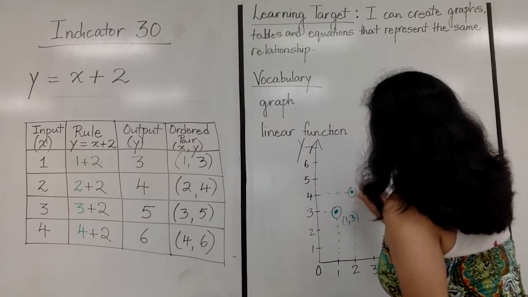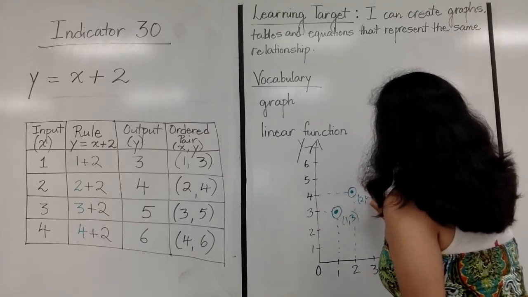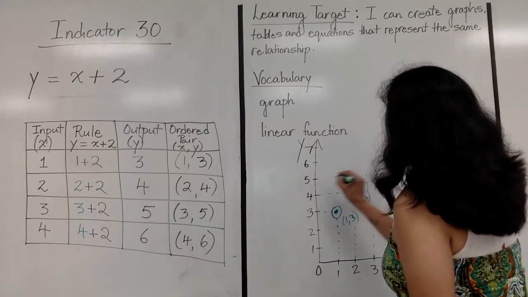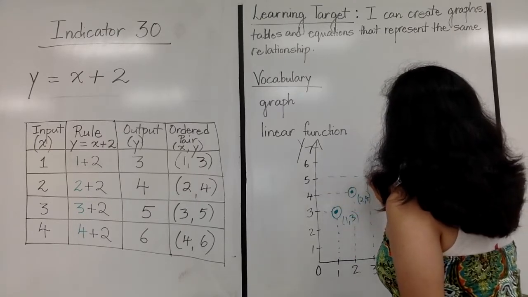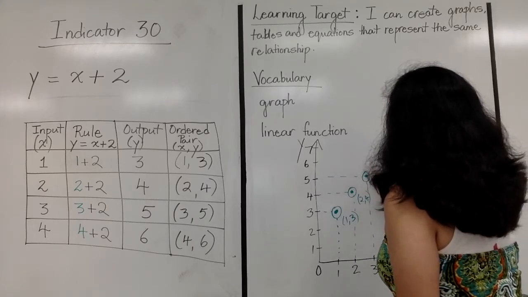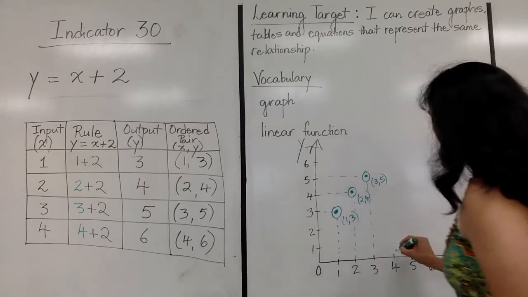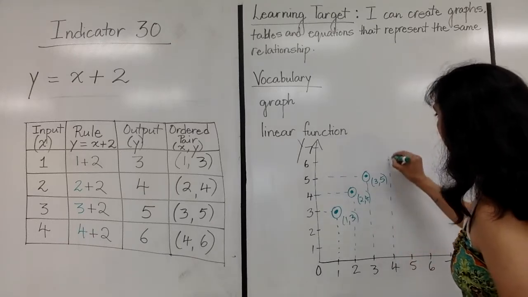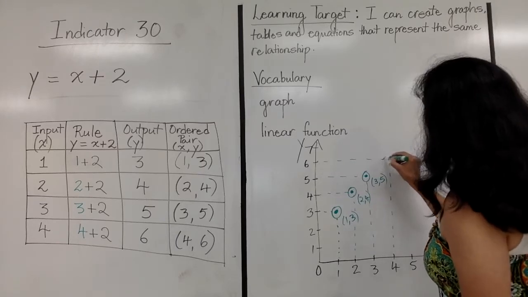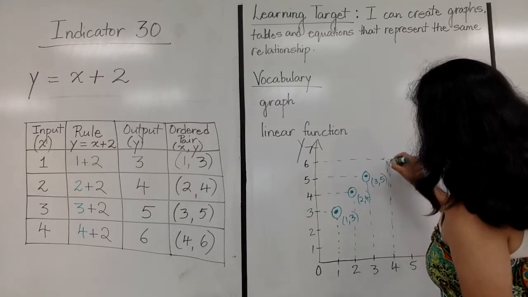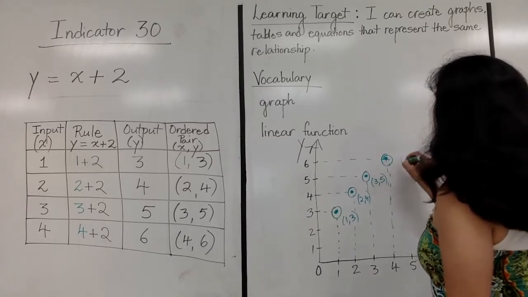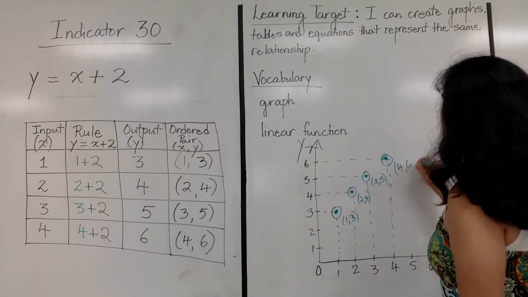So this is 2, 4, and then 3 from here and 5 from here where they intersect. That is my point. And then 4 from here and 6 from here, okay? And where they intersect, that is going to be my point 4, 6.